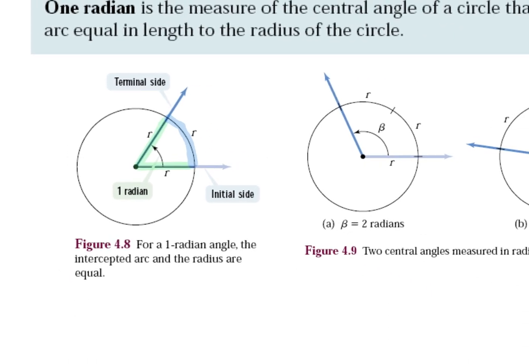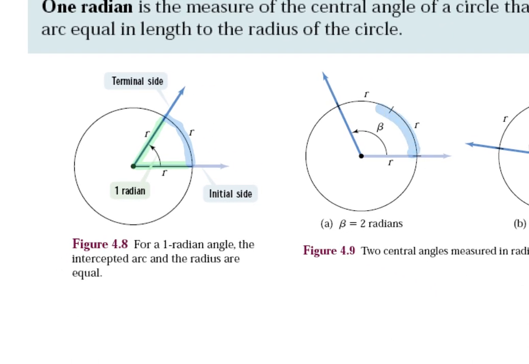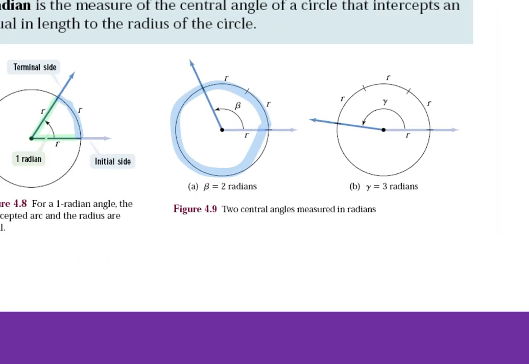So if you think about if I go all the way around a circle, 1 full circle is 2 pi radians. Or sorry, I highlighted the wrong one. This is 3 radians. All the way around the circle is 2 pi radians.